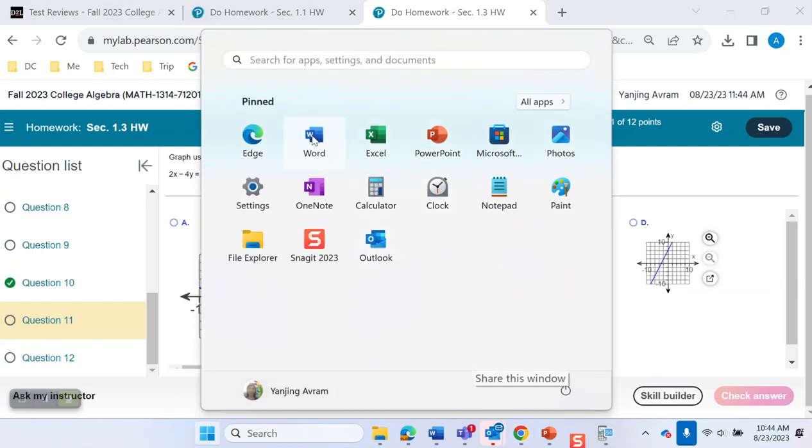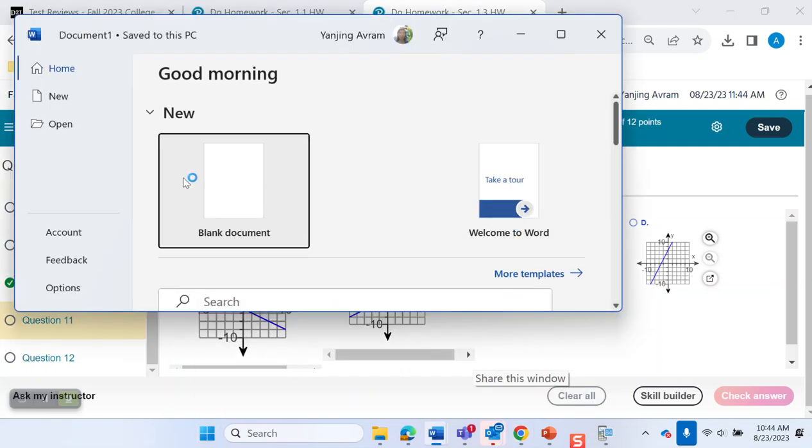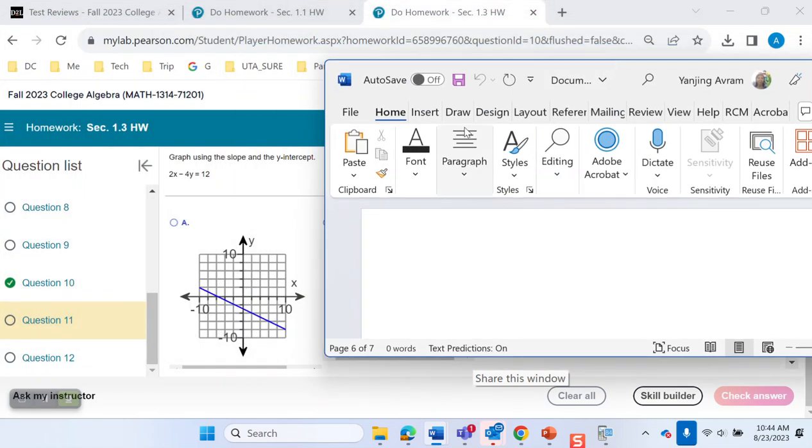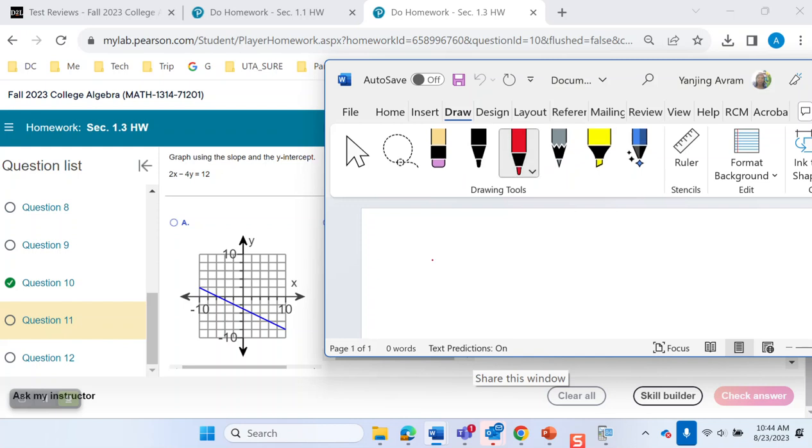So if I graph on my own, let's see how I do that. I have 2x minus 4y equals 12. Do you realize these are all even numbers?